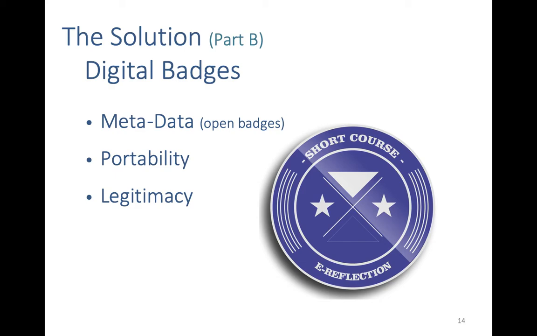The old paper transcript is going to be a thing of the past, probably within the next 10 years, as we move more toward the digitization of credentialing. So an employer or potential employer will be able to click, so to speak, on a transcript or click on some signifier, such as a badge, and find out exactly what a student did to earn that grade, or to earn that star, or to earn whatever signifier there is.